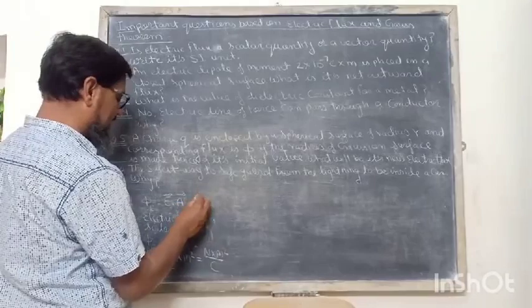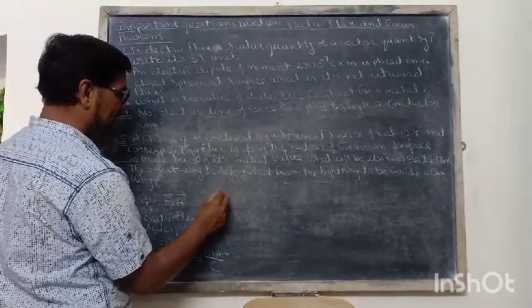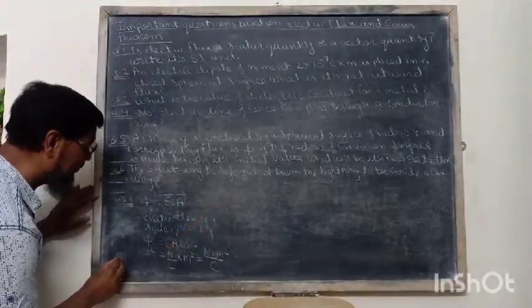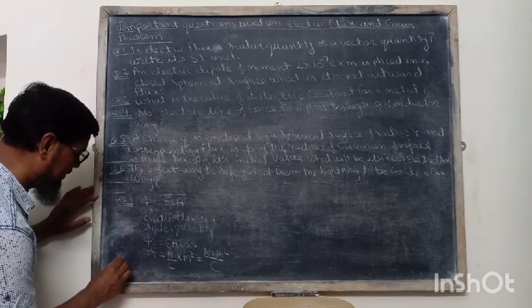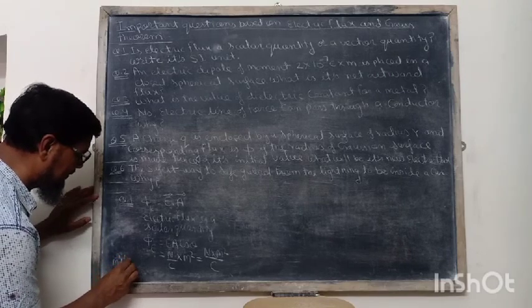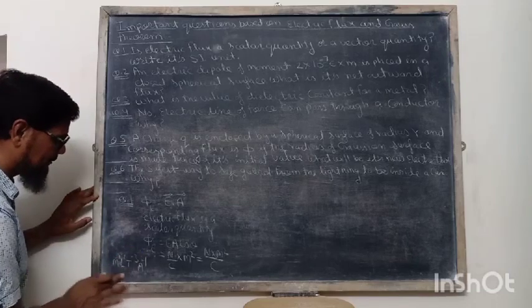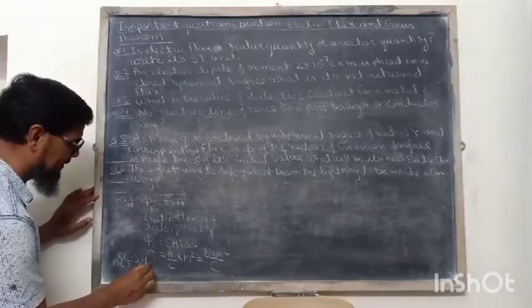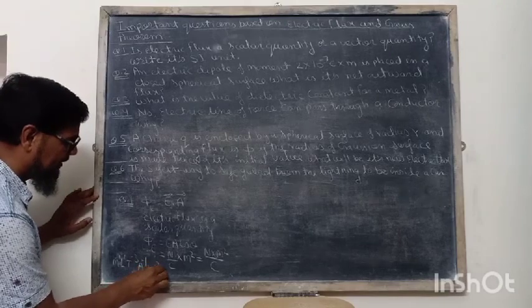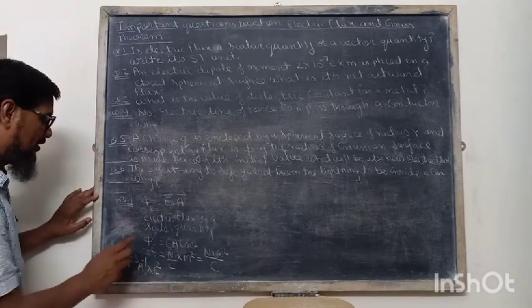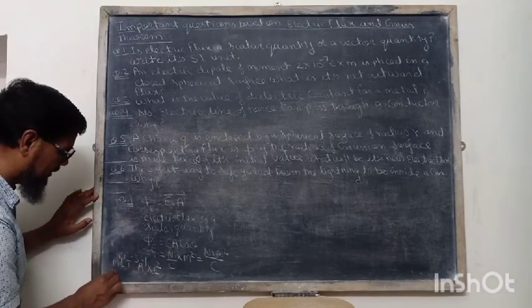The dimensional equation of electric flux is M1 L1 T minus 3 A minus 1 for the electric field, and the dimensional equation of area is L2.